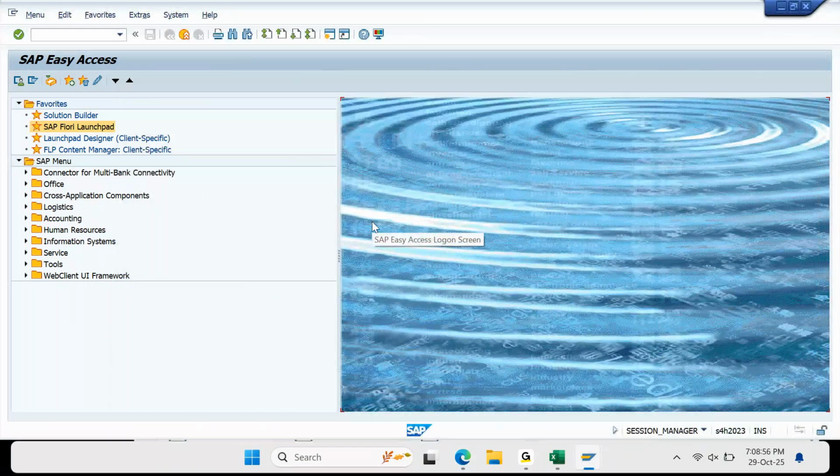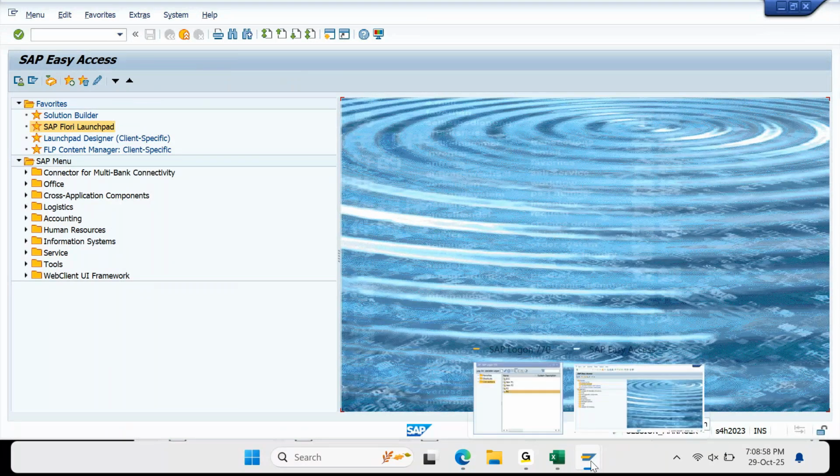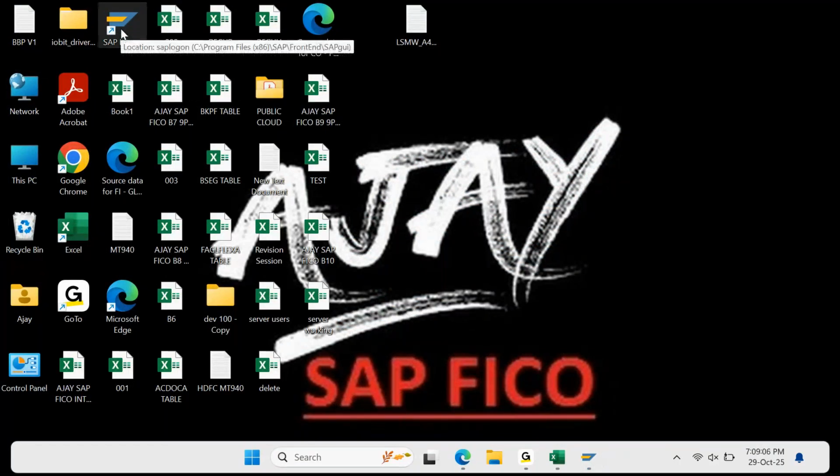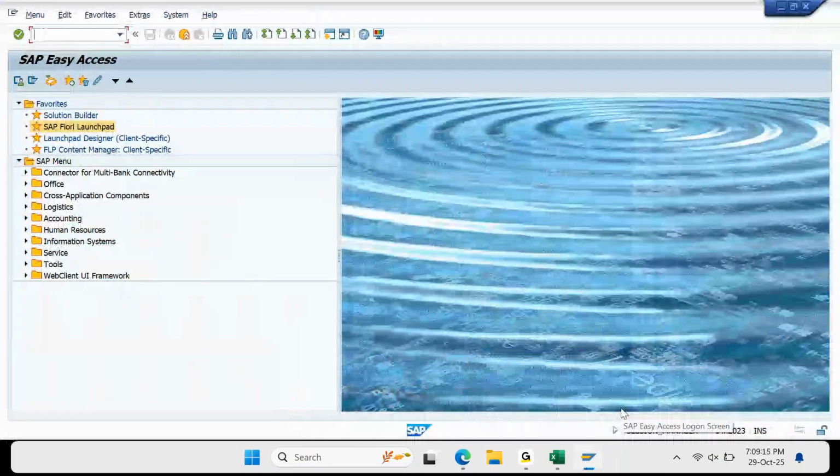To access this, you must have the SAP Logon pad installed on your laptop or desktop. If this is not available, you cannot log into SAP GUI. Whatever you see here is called SAP GUI. To log into this, you must have installed SAP Logon pad.